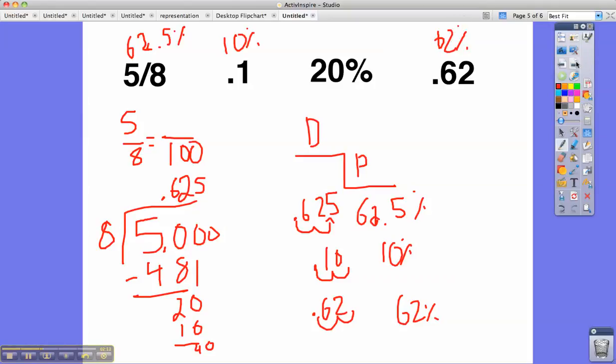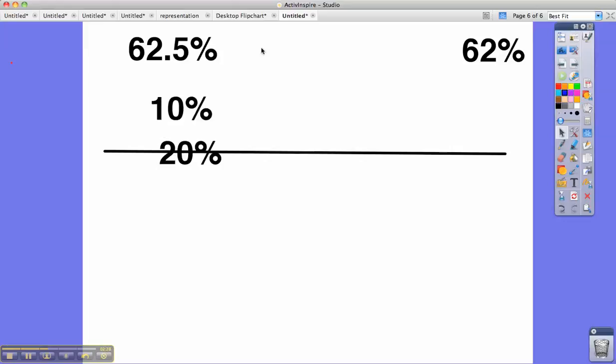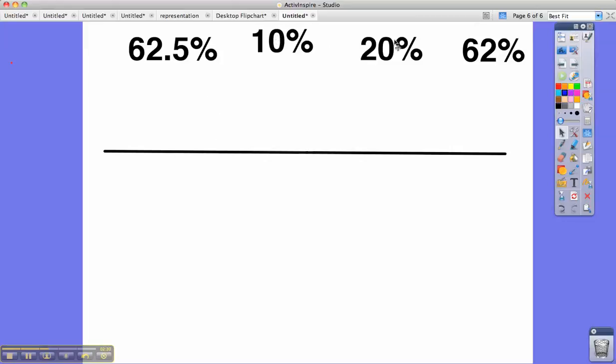So if we flip this page, we can easily place these on the number line. I had them mixed up. We have 62.5, 62, 10, and 20. So I can just look at my number line and I can think, well, 0 would be here, 1 would be here.